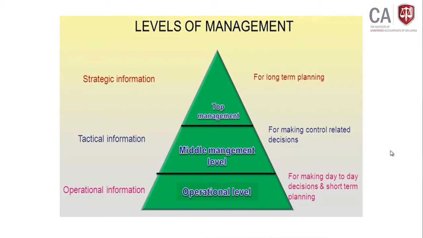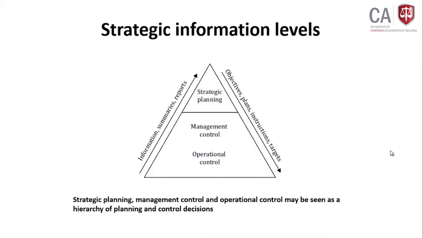And operational information is there. This is how the information flows. Here also we talk about information, summaries, and reports, and objectives, plans, instructions and targets. They give the objectives, they plan, give instructions and then the target.